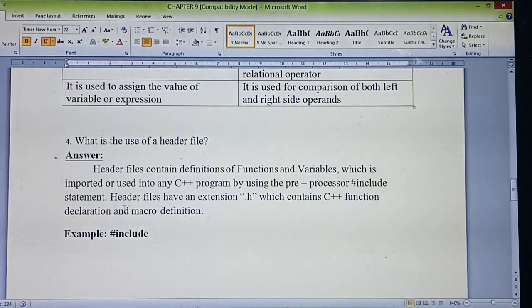Write first. Fourth question, what is the use of a header file? Write fast.